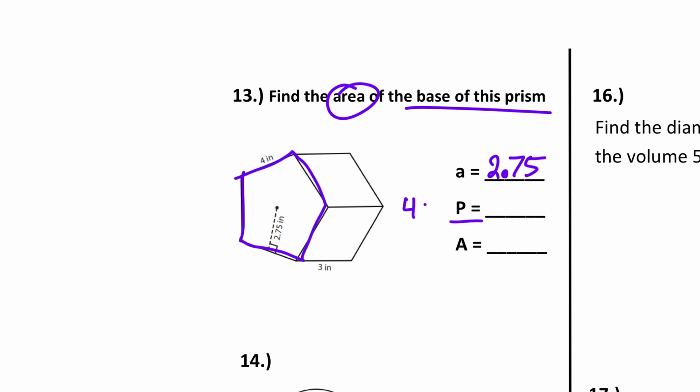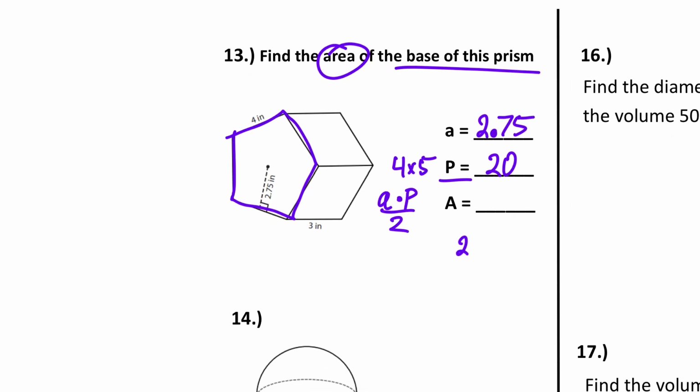So it's 5 times 4, which is 20. Now, to find the area of that pentagon, we're using apothem times perimeter divided by 2. So it's going to be 2.75 times 20 divided by 2, which should end up being 27.5 square inches.